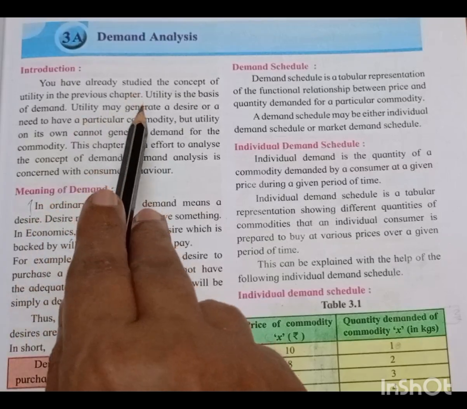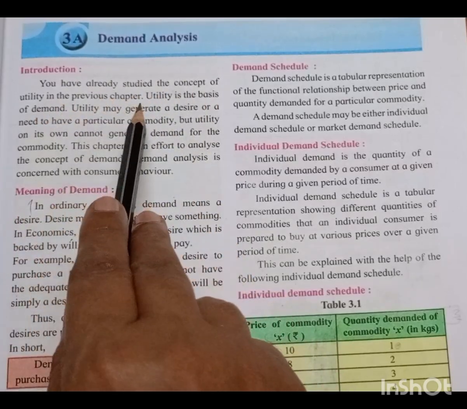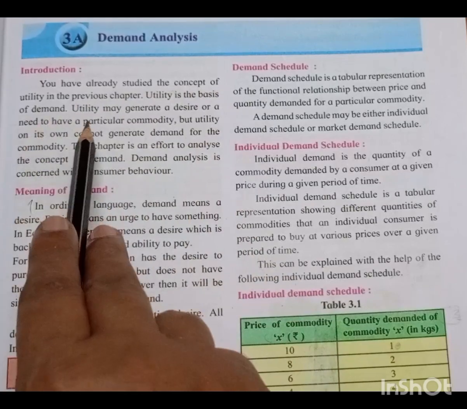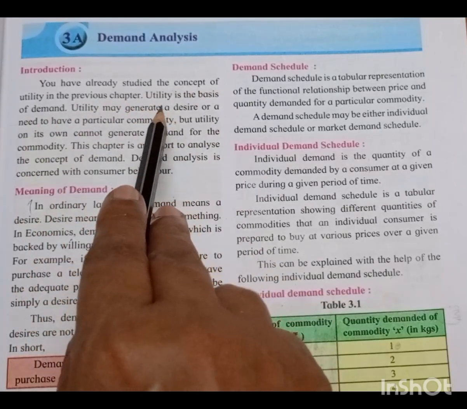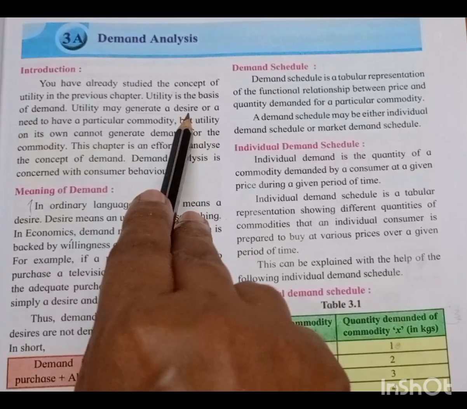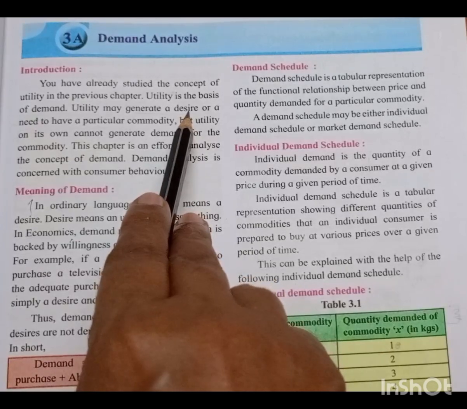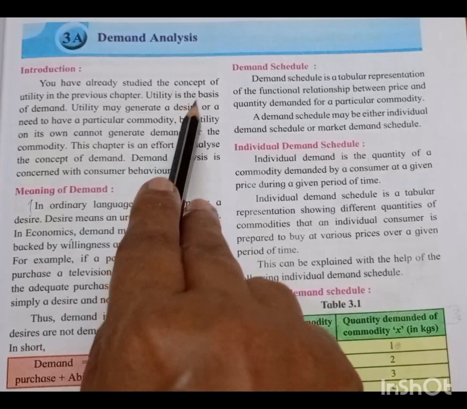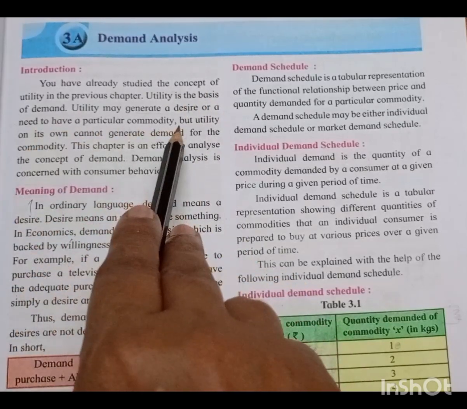So you have already studied the concept of utility in the previous chapter. Utility is the basis of demand. Utility may generate a desire, it may let you ask for something, it may make you go for using something, or a need to have a particular commodity.